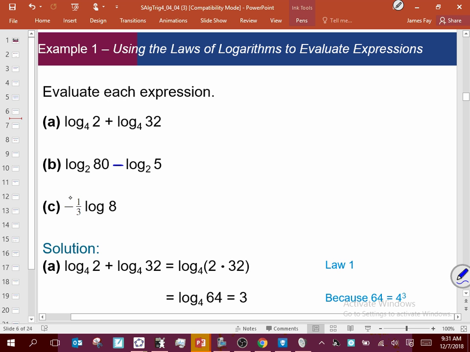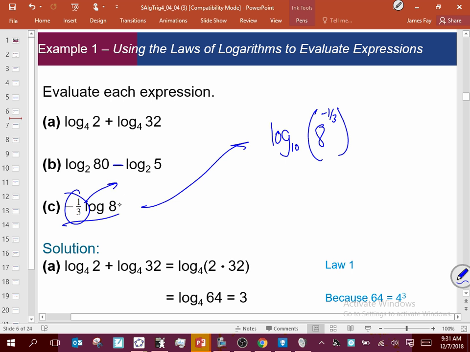Now when I do this last one, what's the base of this one? 10. So I'm going to rewrite this as log base 10. Now it's going to be 8 to the negative 1/3, right? If we've got that multiplier out front, when I condense, it becomes an exponent, right? And it's an exponent of my argument.